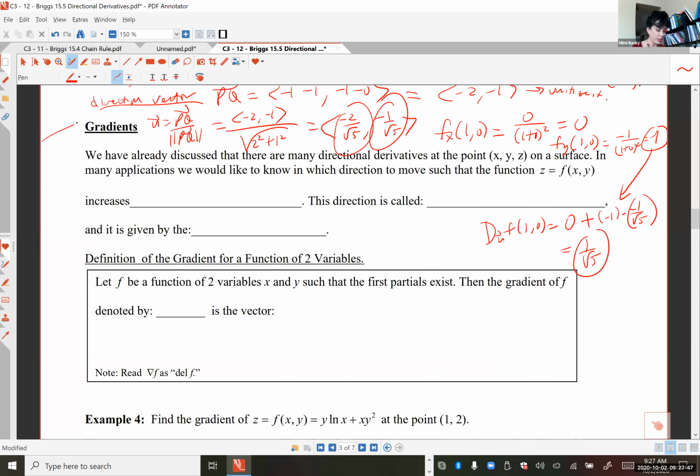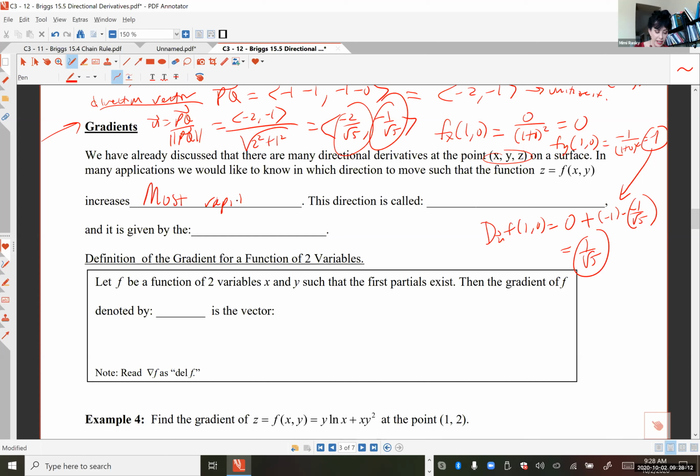So we're going to do a new topic, gradients. We've already discussed directional derivatives, and there are many directional derivatives at a point. You can turn in infinitely many directions, fine. So the question that might come to a thinking student is, in which direction should I move, if I'm standing on the mountain, where the function increases most rapidly?